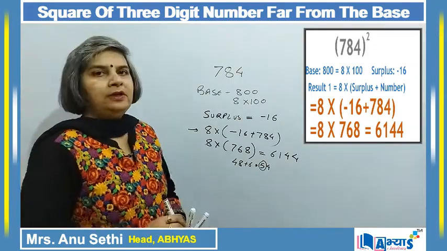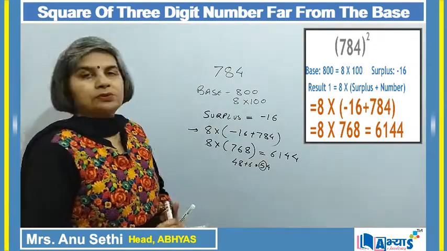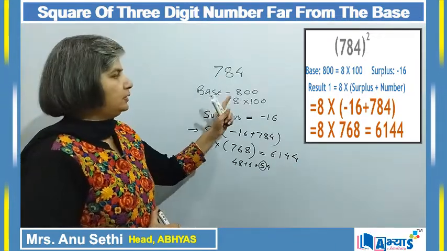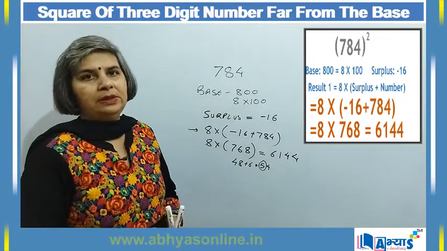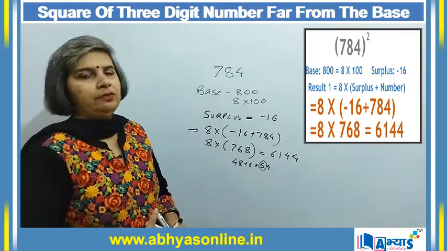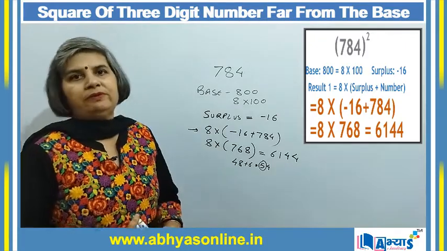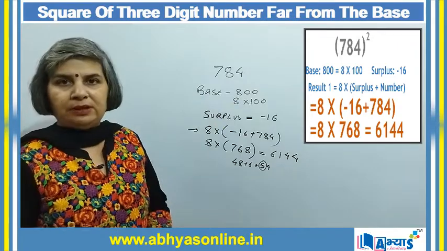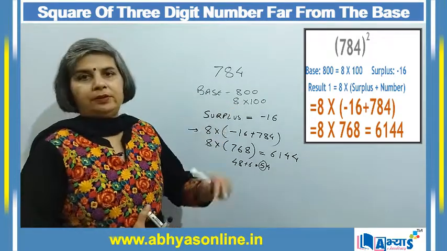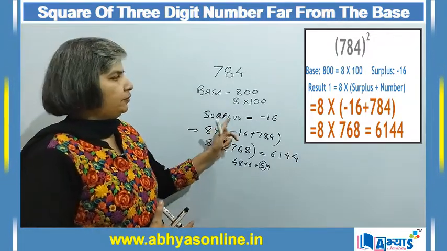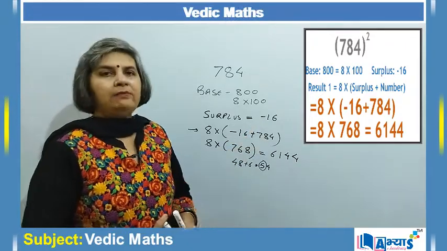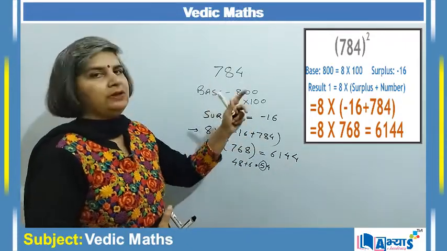So what I have done: first I have taken a base quite close to the number. The number was 784, so I have taken the base as 800 instead of 1000, because 1000 was very far from 784. When I take the base as 800, it is basically 8 into 100. Then I found the surplus, which was minus 16, because whenever I add minus 16 to 800, I get 784.